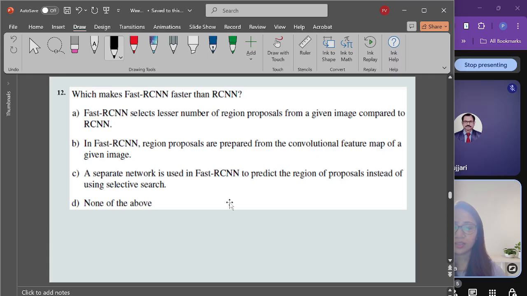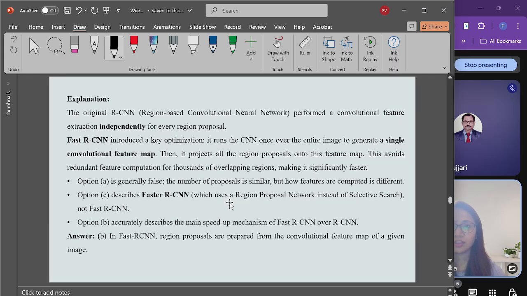Okay, so let's see the detailed explanation. The original RCNN, the region-based convolutional neural network, performed convolutional feature extraction independently for every region proposal. While Fast RCNN introduced a key optimization: it runs the CNN once over the entire image to generate a single convolutional feature map.